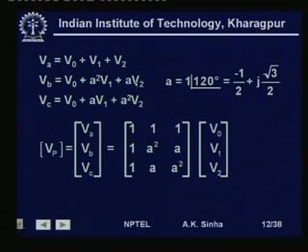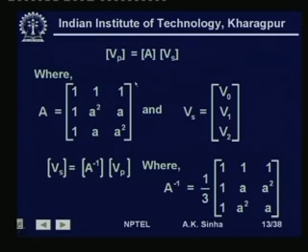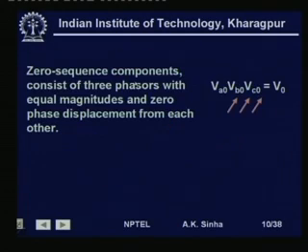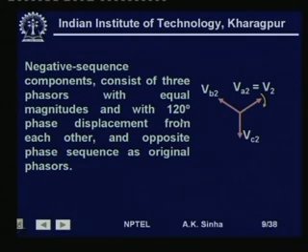Similarly, plus VB2. If you see here, this is VA2, and if we operate the operator a on this, then this gets displaced to this position. Therefore, VB2 is nothing but a times VA2.